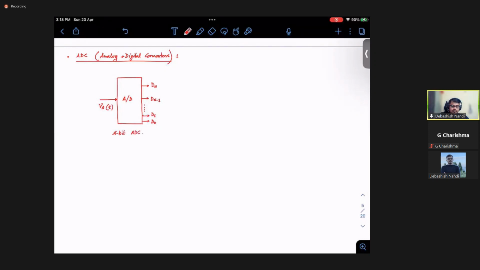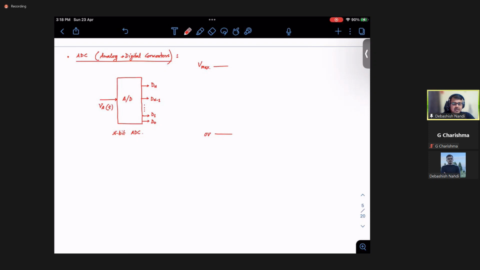Fine. So a basic idea behind this is, suppose you have a Vmax, and suppose you have a lowest voltage possible. Say you are not dealing with the negative voltages which we use in telecom systems, where you can use minus 48 volts, minus 12 volts also. We are not talking about that.